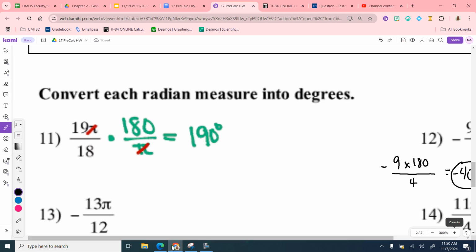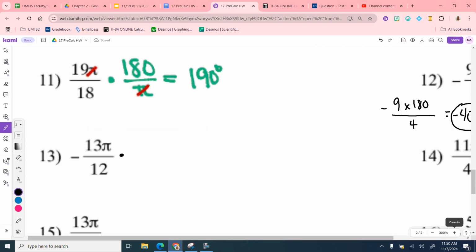All right, let's try this one over here. Times 180 over pi. Your pi's cancel. We're going to plug into our calculator -13 times 180 over 12 and see what we get.